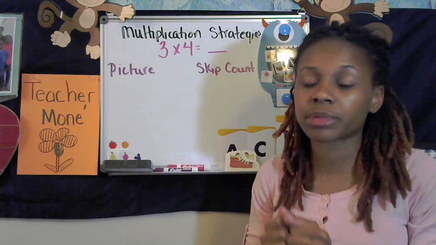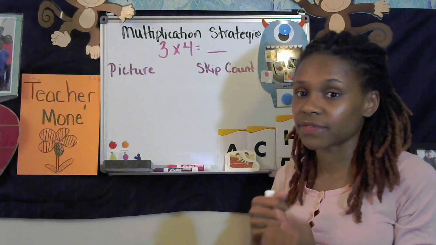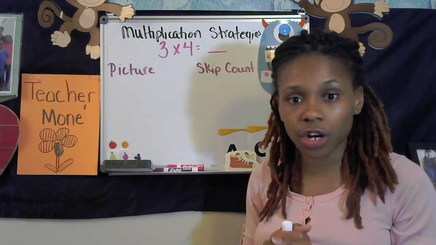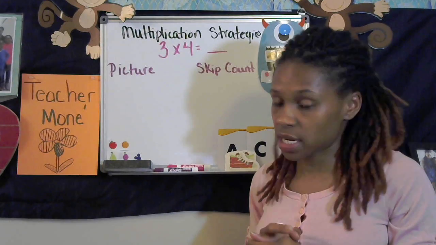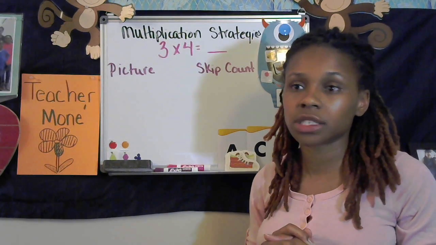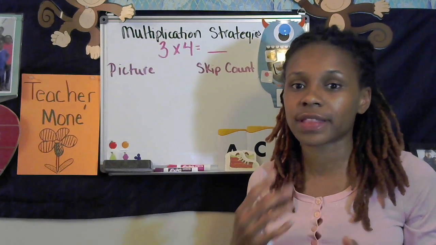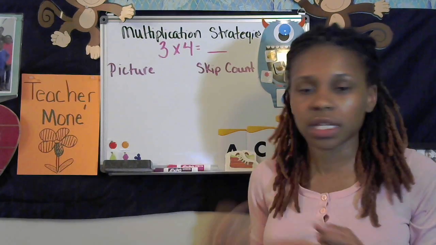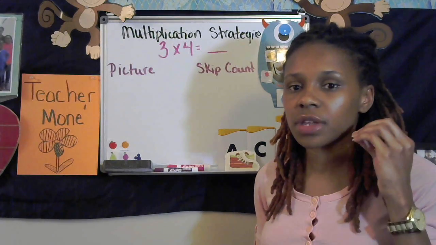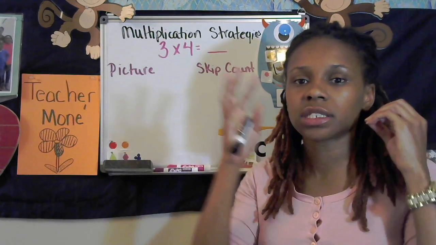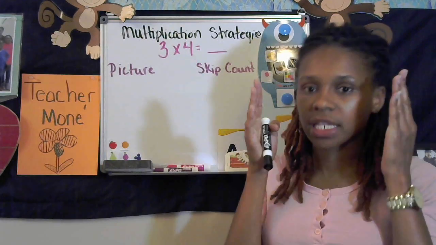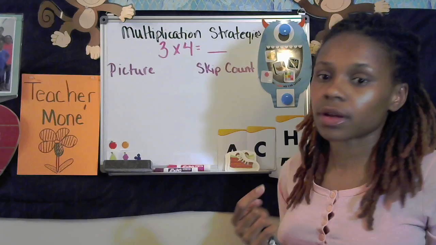So please practice those multiplication facts with them every single day, in the car, on the way to church, on the way to school, once they get out of the shower. And please don't make it seem like school. Make it fun. Just ask them a question randomly here and there. Don't say, hey, let's sit down and do this. You might have to do that from time to time, but kids learn best when it's random. If they feel like they are being interrogated, I guarantee you they're not going to learn.